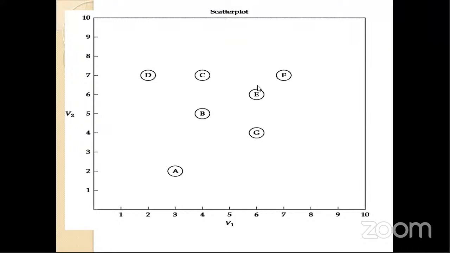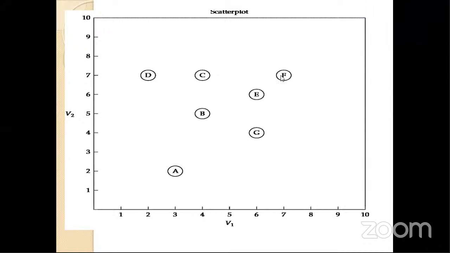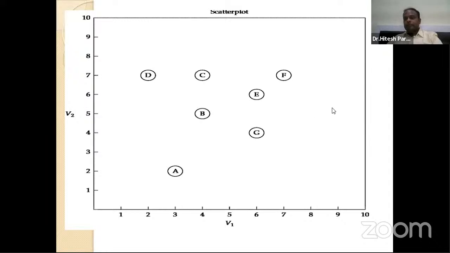D and A, A and F, D and F, A and D. So these respondents are very far from each other. So you can observe the distance.